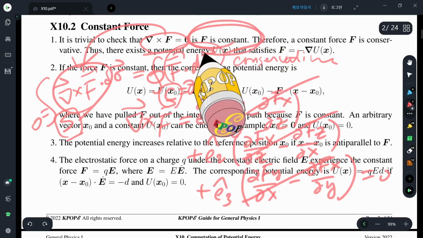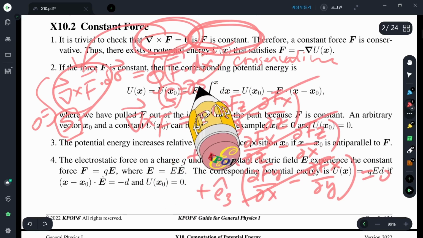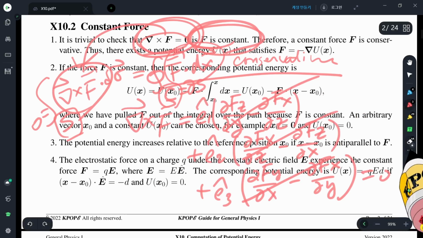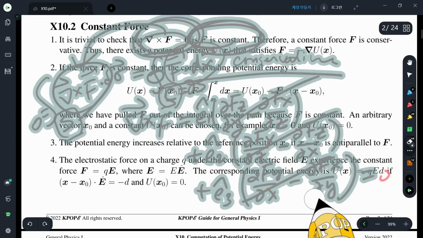So constant force is always irrotational and therefore conservative. A constant force example is the uniform gravitational force near the surface of the Earth.